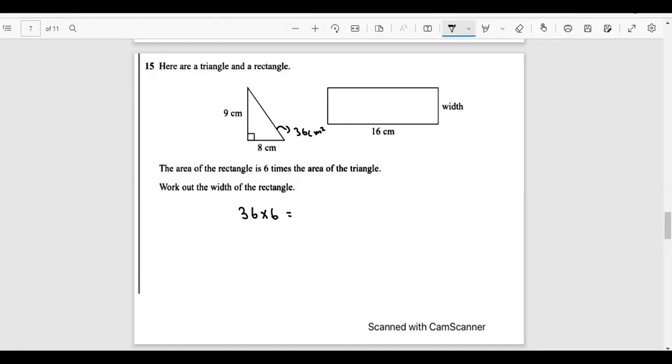You're going in the right direction. 216 divided by 16 equals 13.5. Yes, very good. Yes, that was easy. This is 13.5 centimeters. Okay, very well done.